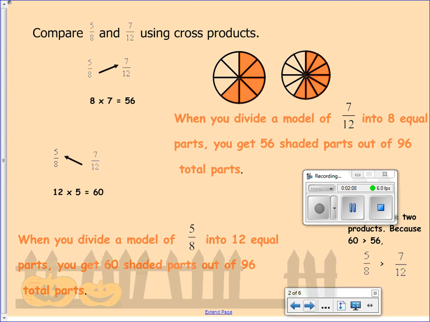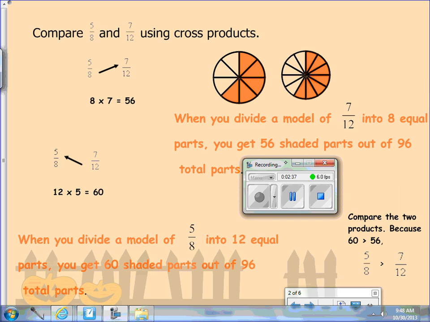So if you took that fraction of 7/12 and divided that portion into 8 equal parts, you would get 56 shaded out of the 96 total parts. Then on the other fraction, when you divide a model of 5/8 into 12 equal parts, which is the denominator for 7/12, you get 60 shaded parts out of 96.